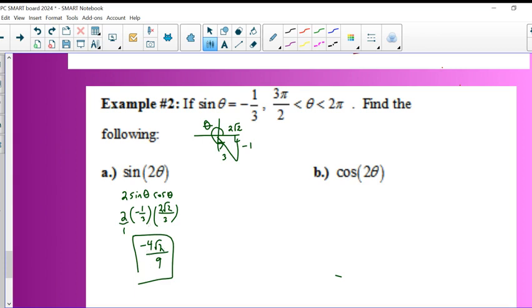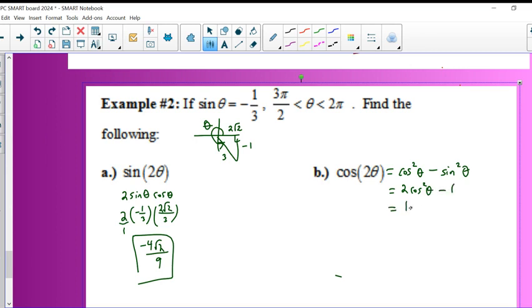Fantastic. Now, I mentioned in class, there are 3 forms of cosine of 2 theta. You don't have to memorize all of them. You can just stick with maybe the one that makes most sense to you, which for a lot of students, they remember this one the most readily, cosine squared theta minus sine squared. But remember, there's also 2 cosine squared theta minus 1.